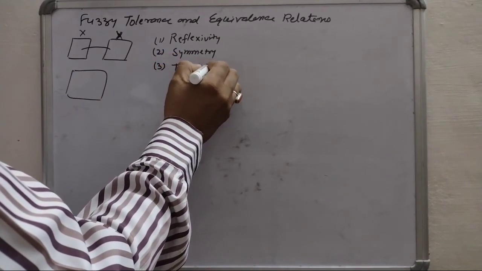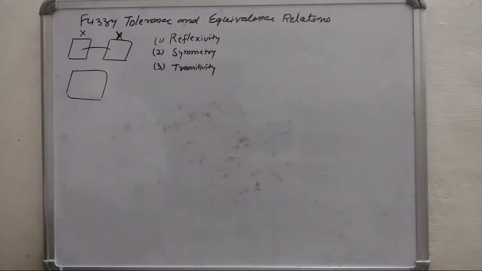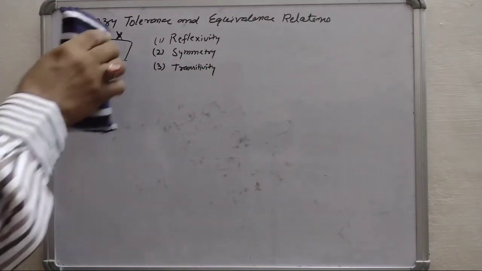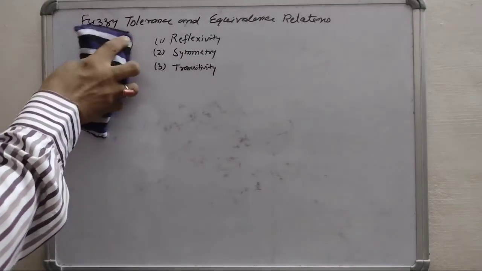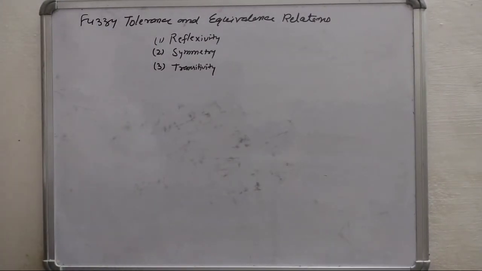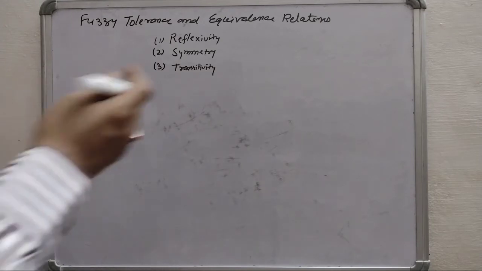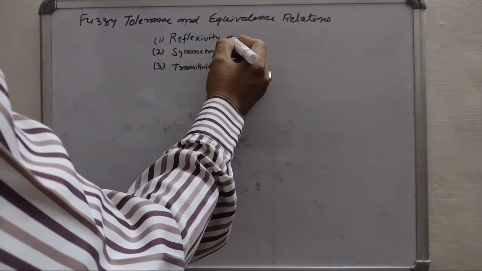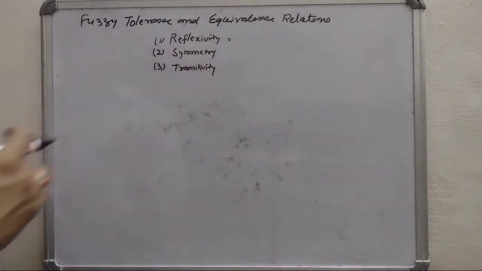So if any relation on a single universe is holding these three properties, then we can say that relation is an equivalence relation. Now how to identify that a relation is holding these properties?